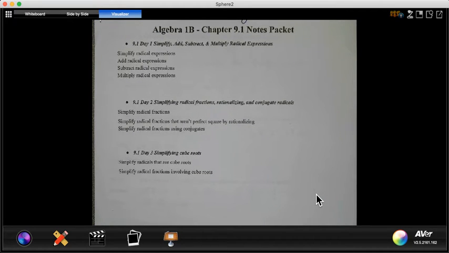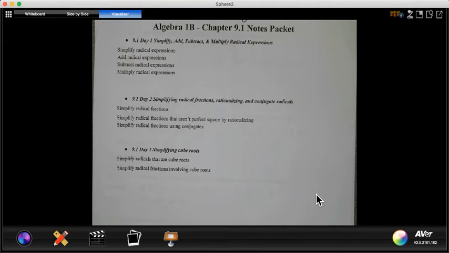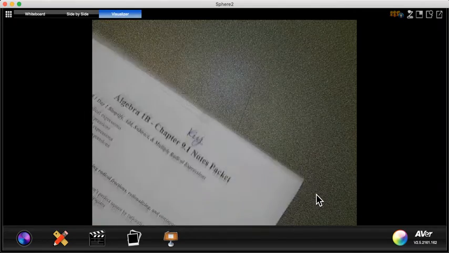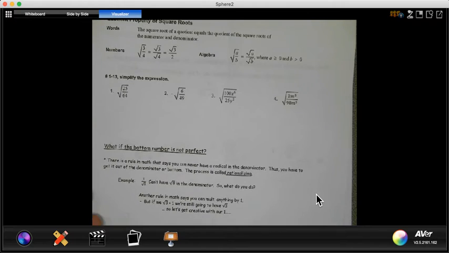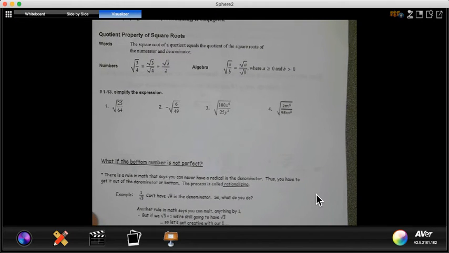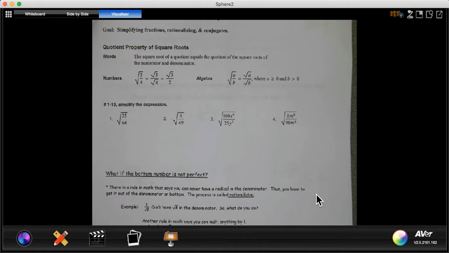Okay, so day 2, we're going to simplify radical fractions, rationalizing, and complex conjugates or conjugates. Okay, so remember our properties of square roots. You can break apart square roots through multiplication, but you can also break apart square roots through division.